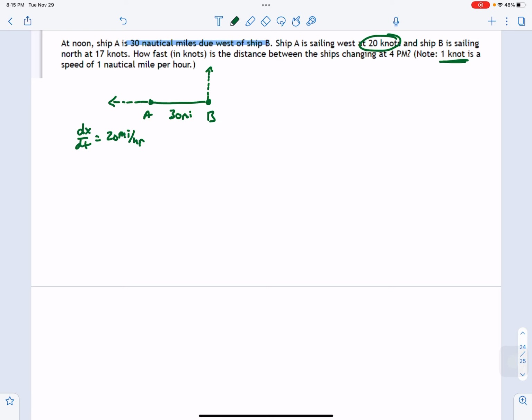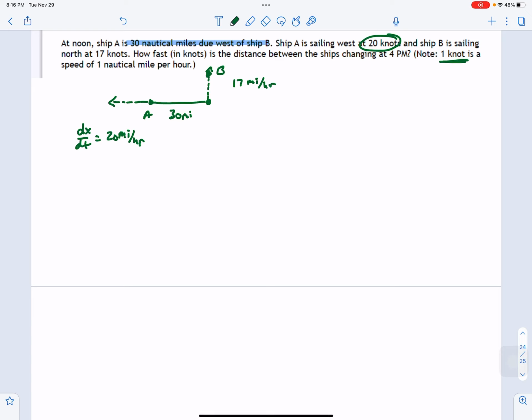Now ship B is no longer at the bottom here, but after some given time, ship B is going to be up here, sailing north at a rate of 17 knots, which for us is 17 miles per hour.